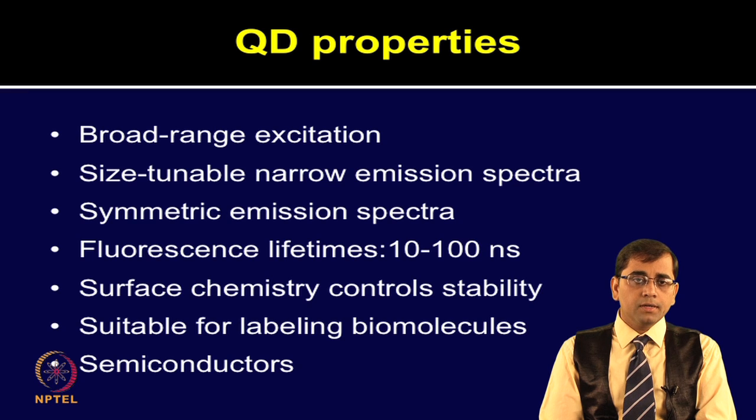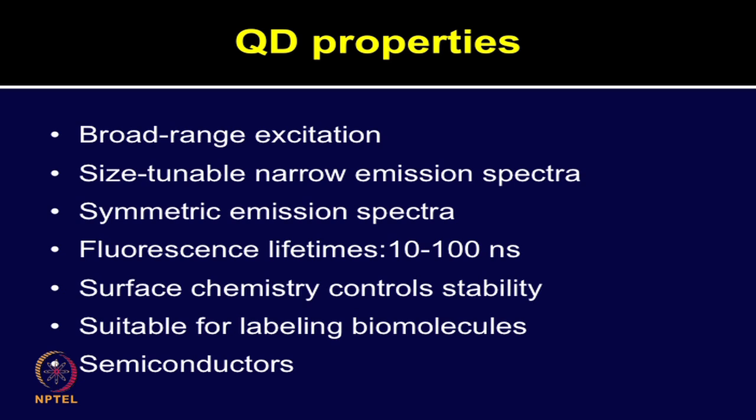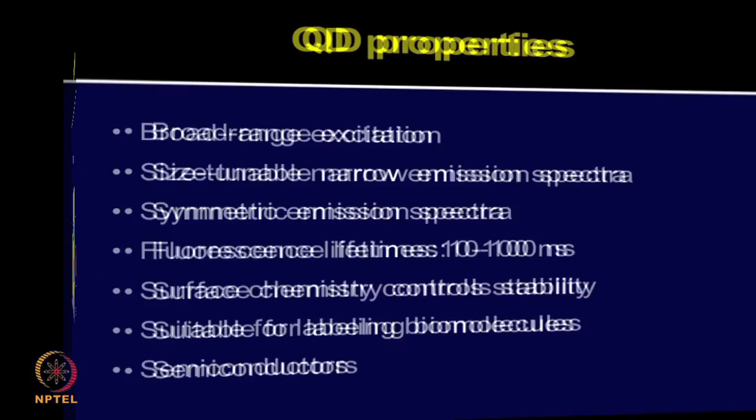QDs offer great potential in biological studies due to their remarkable photostability, which allows long term observation of biomolecules. They are suitable for labeling a variety of biomolecules and can be applied as semiconductors.